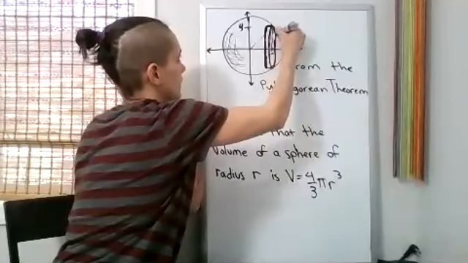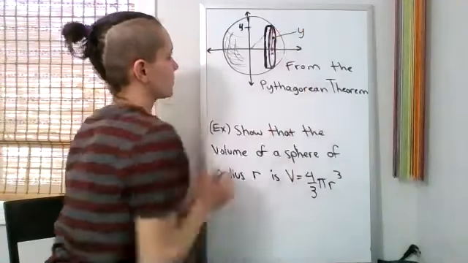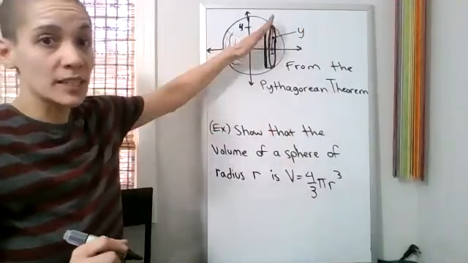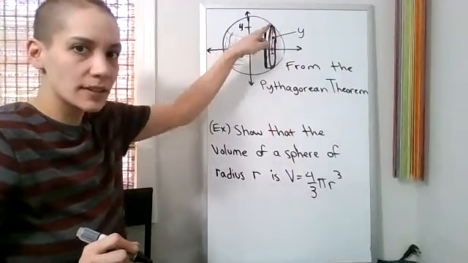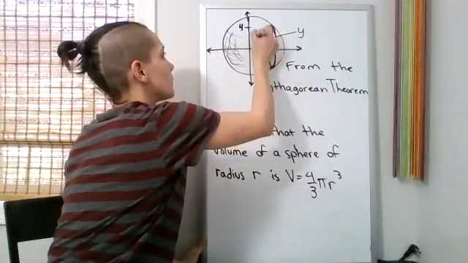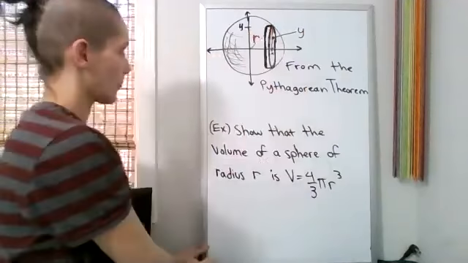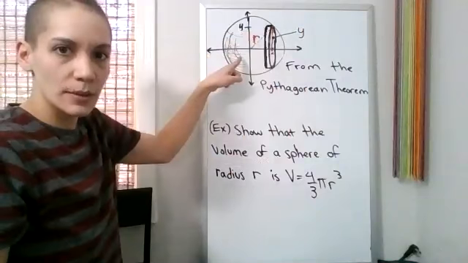So that is y. And then r is the radius of the sphere. So from the origin to the edge of the sphere, that's r. Okay, there we go. x squared plus y squared equals r squared.